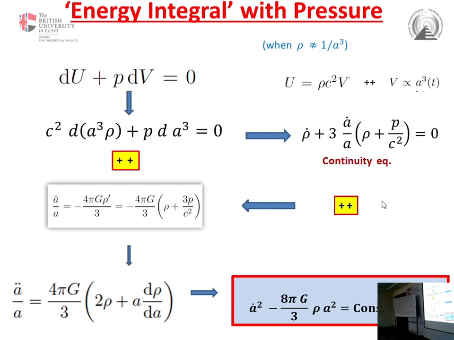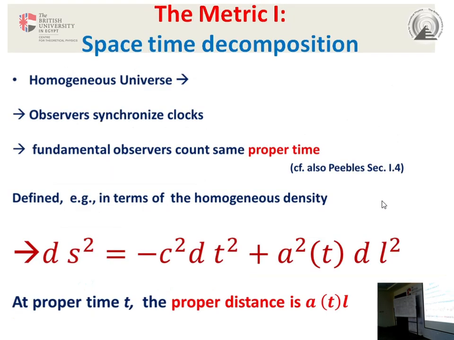We need to start measuring things. We need a metric to measure time and space properly, meaning having a proper distance. So, first of all, because again we have a homogeneous universe, observers can synchronize clocks.